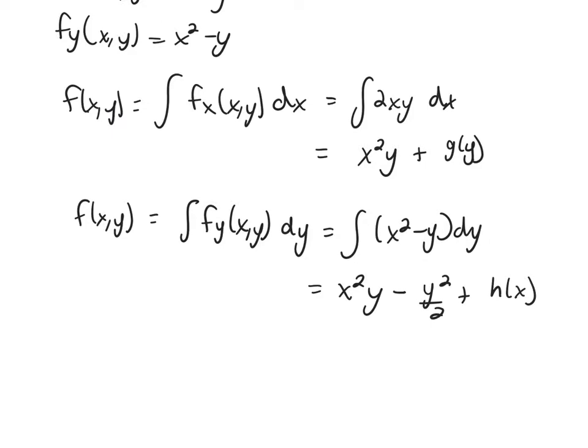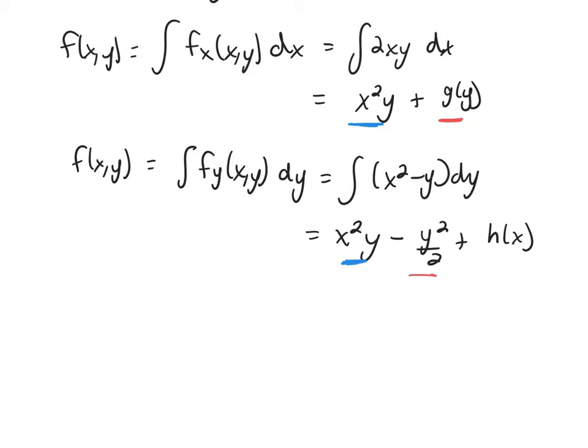If you compare these two, you'll see that they both have an x squared y in them. And then if you look, g of y will have to be this plus a constant.